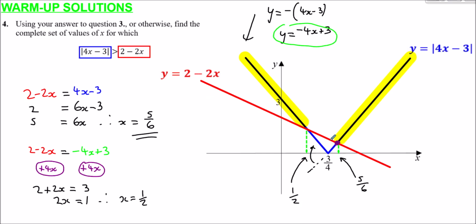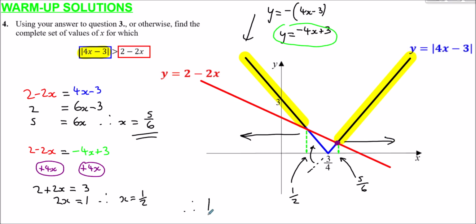So the blue, which I've obviously highlighted in this yellow, the blue part is greater than 2 minus 2x for this region here, where x is less than 1/2, so all the way down here, and also where x is greater than 5/6.